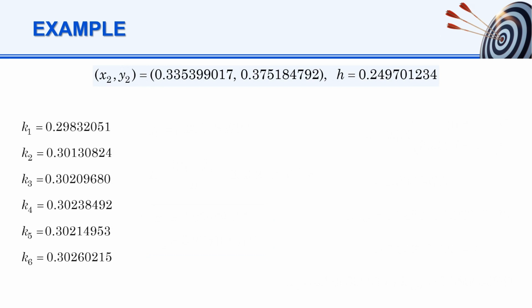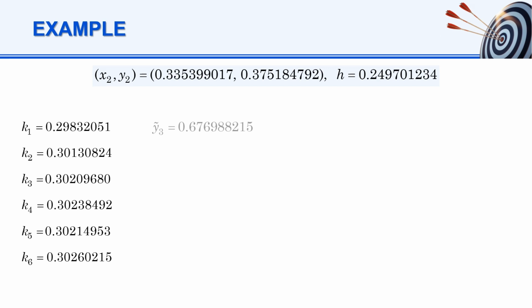This step uses the second step values, x2 equals 0.335,399, y2 equals 0.375,184, and the new interval size of 0.249,701. The computed Ks are listed as follows.